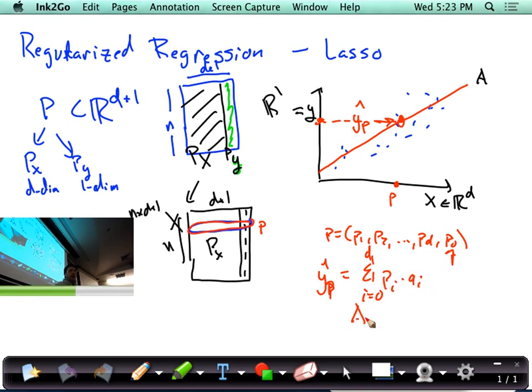So A is now going to be a vector a0, a1, up to ad, and I need to find this vector that tries to get this y hat, and what I want is that y minus the true value, y_P minus y_P hat, is small. And in fact, I want this to be small for all of the input data points.